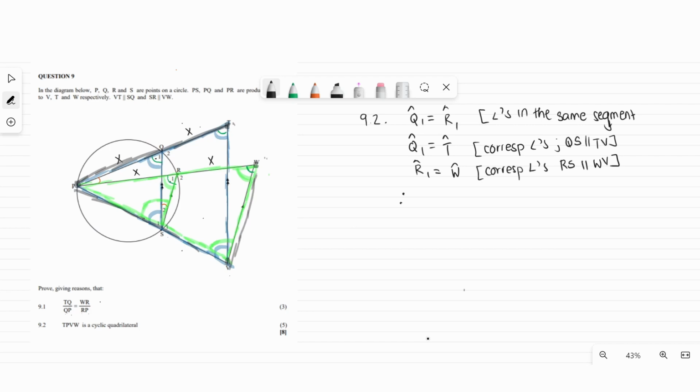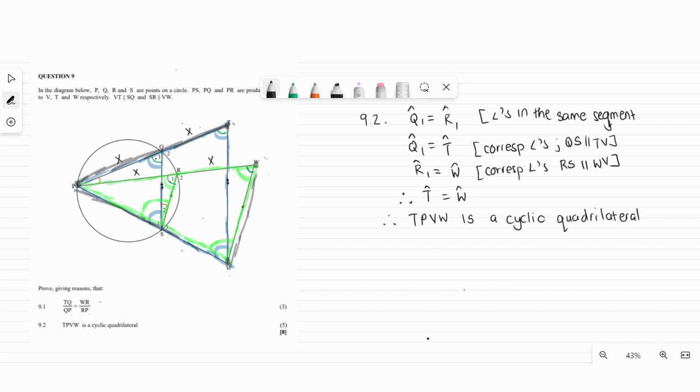So therefore, angle T is equal to angle W, because Q1 and R1 are both equal to T and W, so T and W are equal to each other. Therefore, TPVW is a cyclic quad.